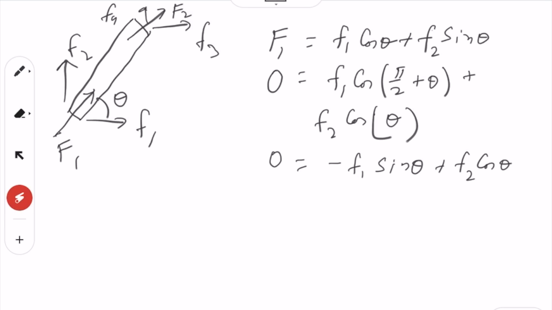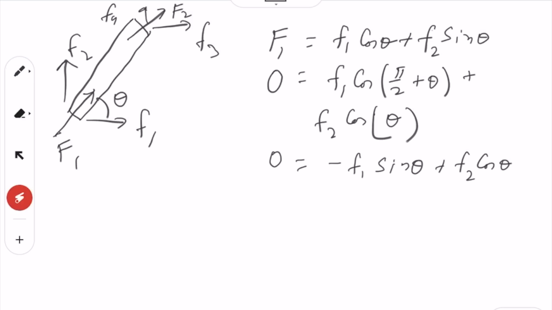You can see that it has to be minus, because the cos theta component of this one in this direction becomes F1 cos theta, and perpendicular to this one in this direction becomes F1 sin theta, hence in this direction it will be minus F1 sin theta. Then F2 cos theta, this is theta here. So of course the component of this perpendicular to the axis of the bar will be F1 cos theta, and hence you have F2 cos theta.